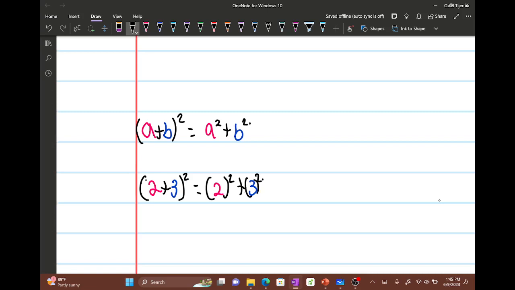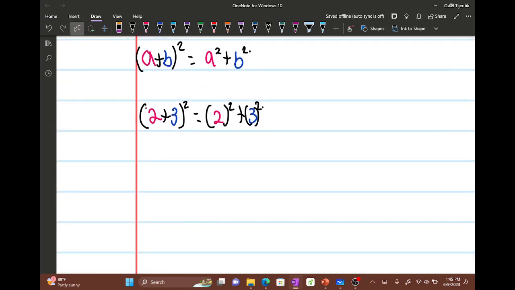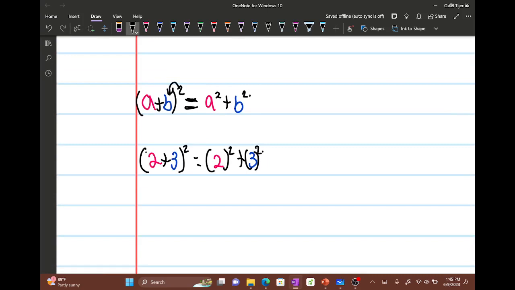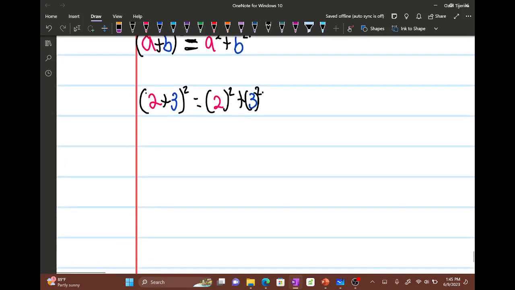Honestly, it's not. Students make this mistake all the time, and I think it's because they think that the 2 distributes in. It doesn't. Not when there's addition going on inside the parentheses.